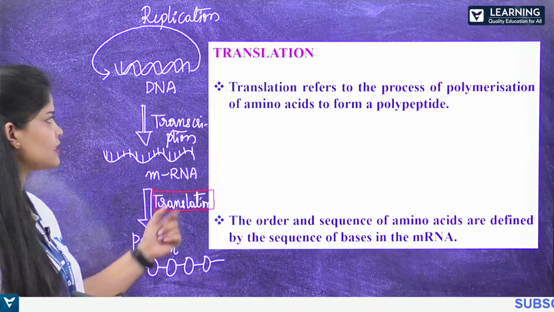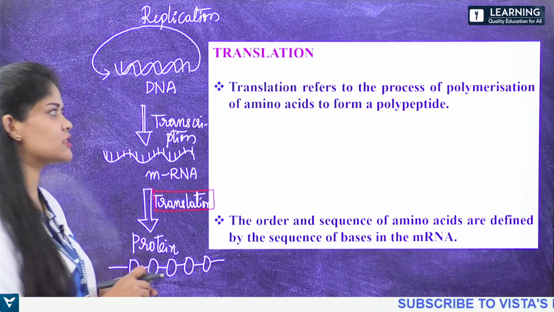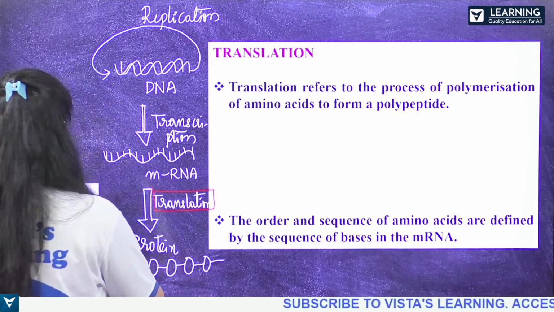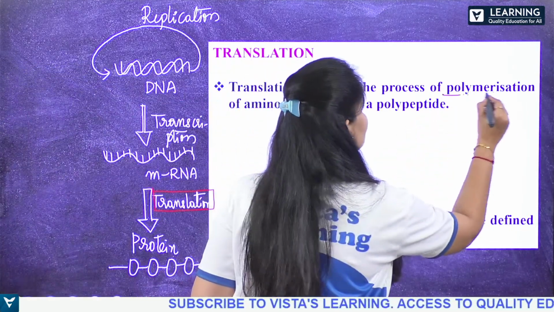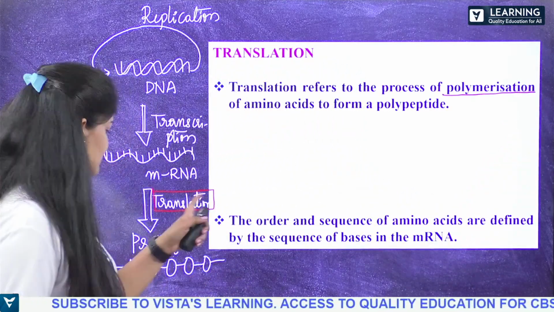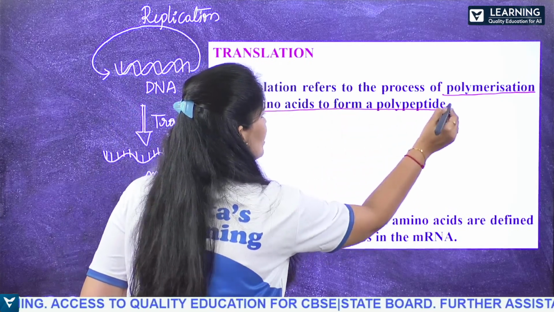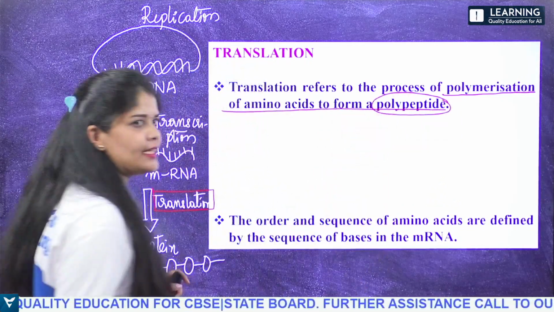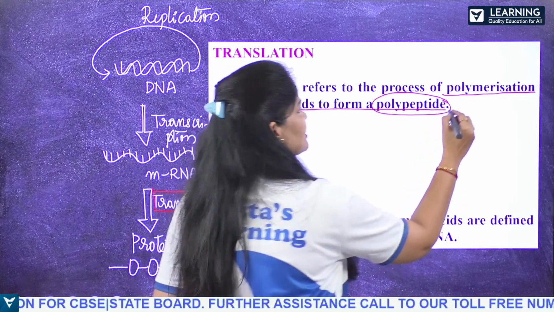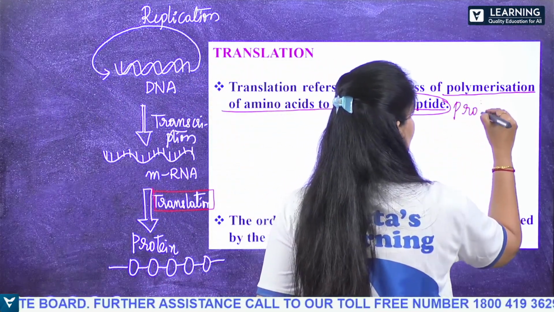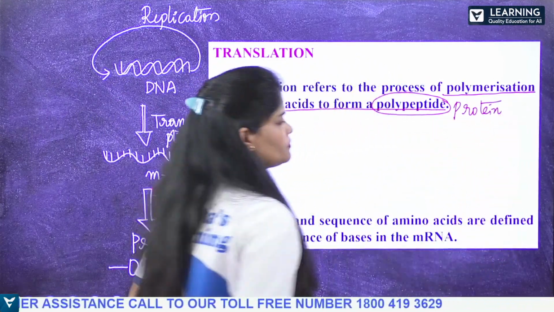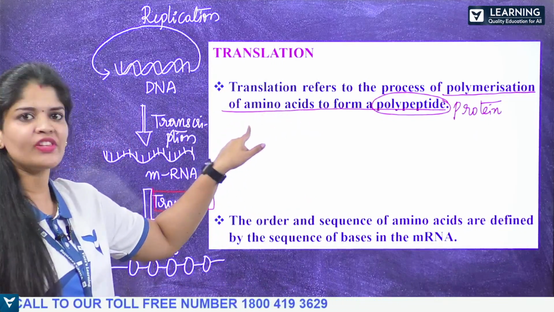As we already said, translation refers to a process of polymerization, that is synthesis. Synthesis of what? Synthesis of protein, of amino acids to ultimately form a polypeptide. A polypeptide is nothing but your protein. So it's a polymerization of amino acids.